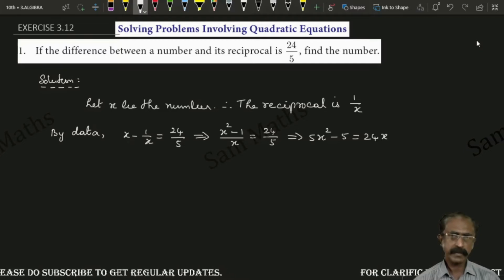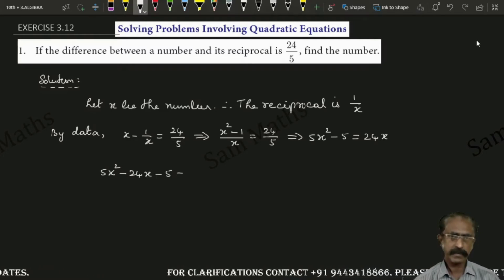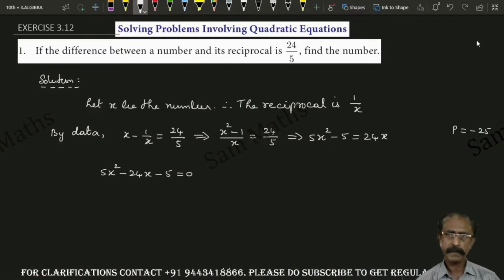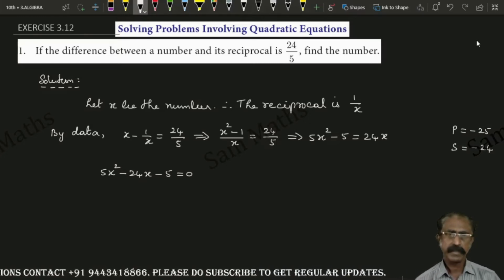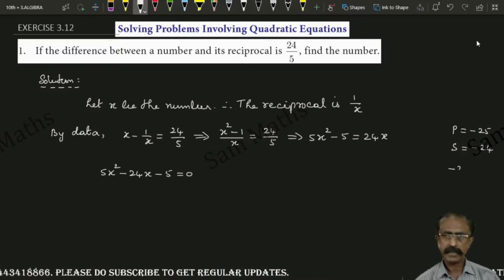Therefore, we are getting the quadratic equation 5x square minus 24x minus 5 equal to 0. Here it is very clear that the product is minus 25 and the sum is minus 24. Therefore, the numbers are minus 25 and plus 1.